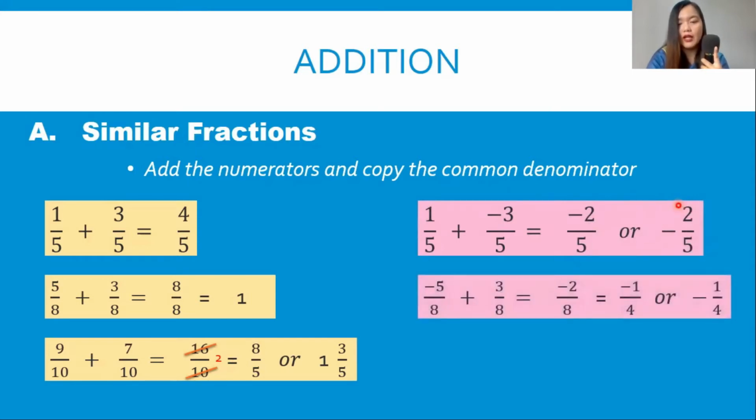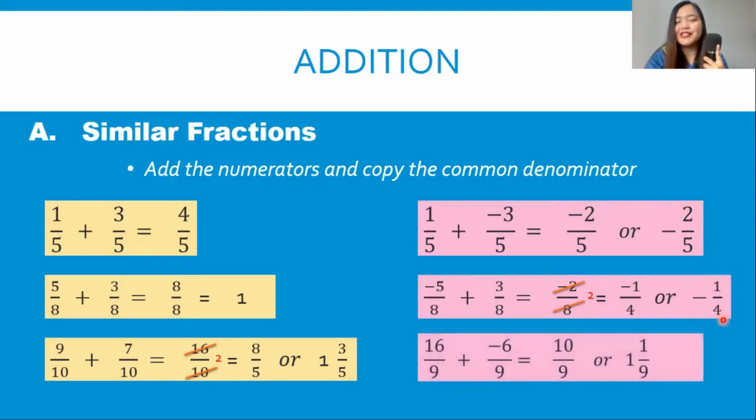Okay, let's have another example. Negative 5 over 8 plus 3 over 8 is equal to negative 2 over 8. Using simplification, by dividing both by their GCF, which is 2, negative 2 divided by 2 is negative 1, and 8 divided by 2 equals 4, or negative 1/4.